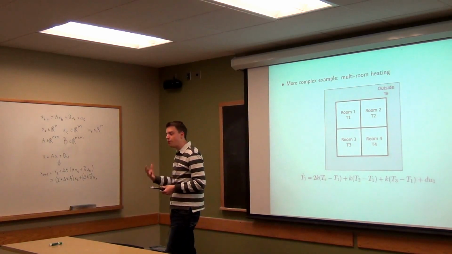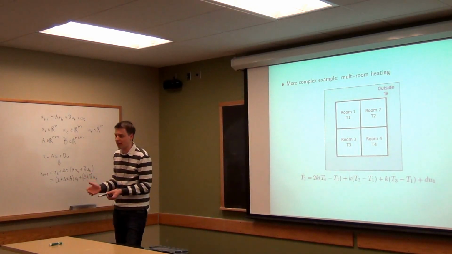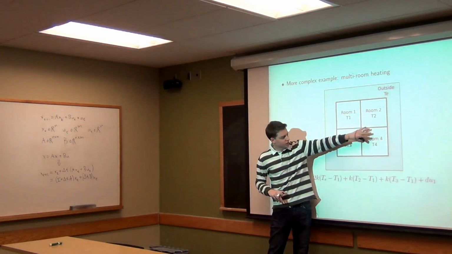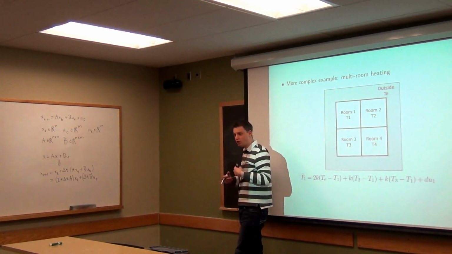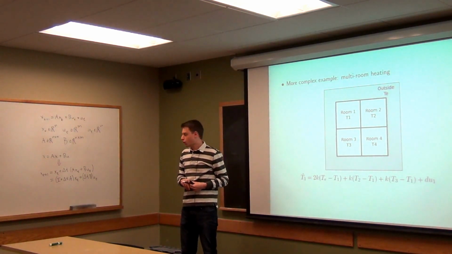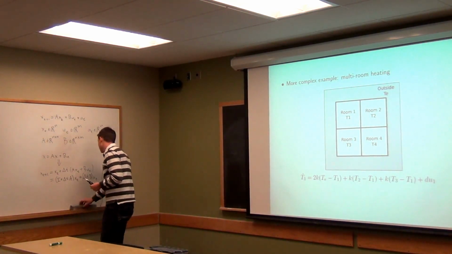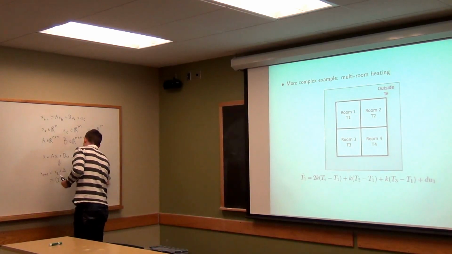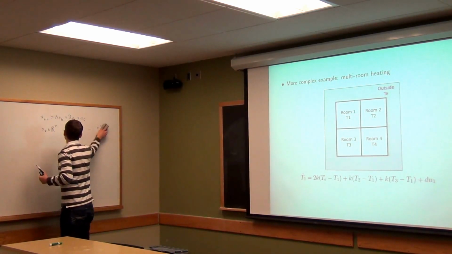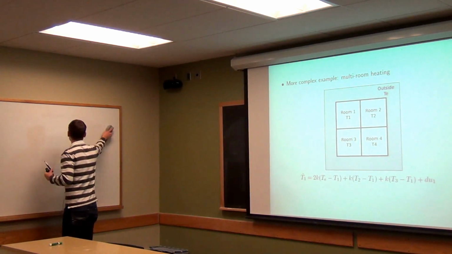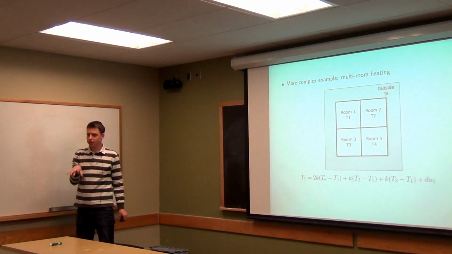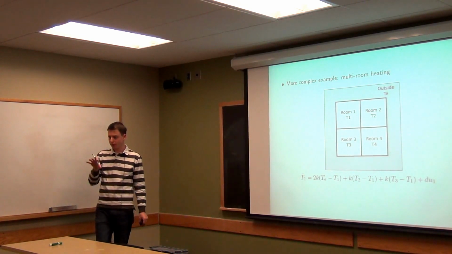But in the simple case, or at least in an approximate case, we can represent heating in many rooms also using a linear system. Right? And so the idea is what we saw before: for a given room, let's talk about the temperature in that room.